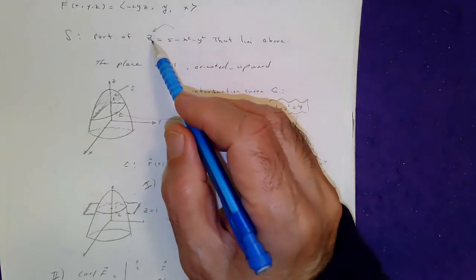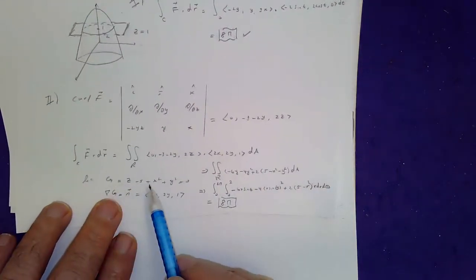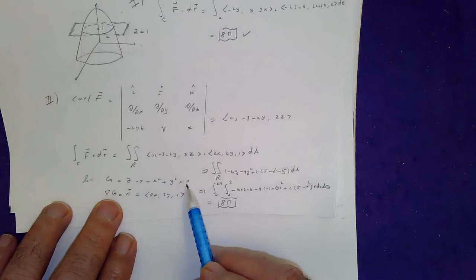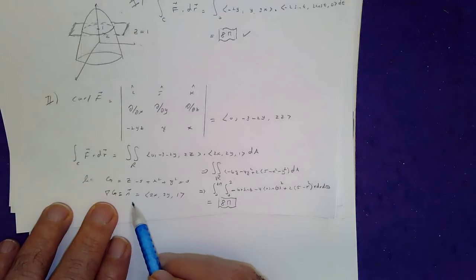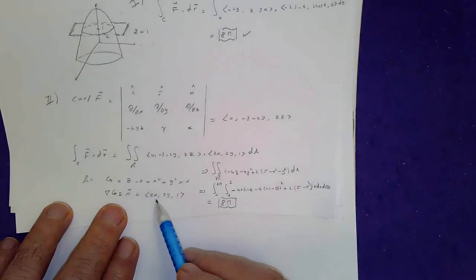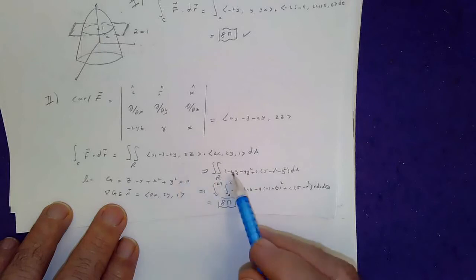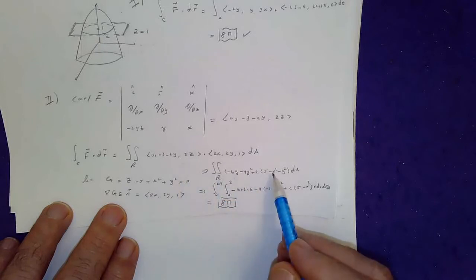You can also move the z to the right side. Call that function capital G. Set it equal to 0. So this is a zero level surface. So the gradient of G is in the same direction as the normal vector to the surface, which in this case is 2x, 2y, 1. So take that and dot it with the curl, and lo and behold, you get this double integral.